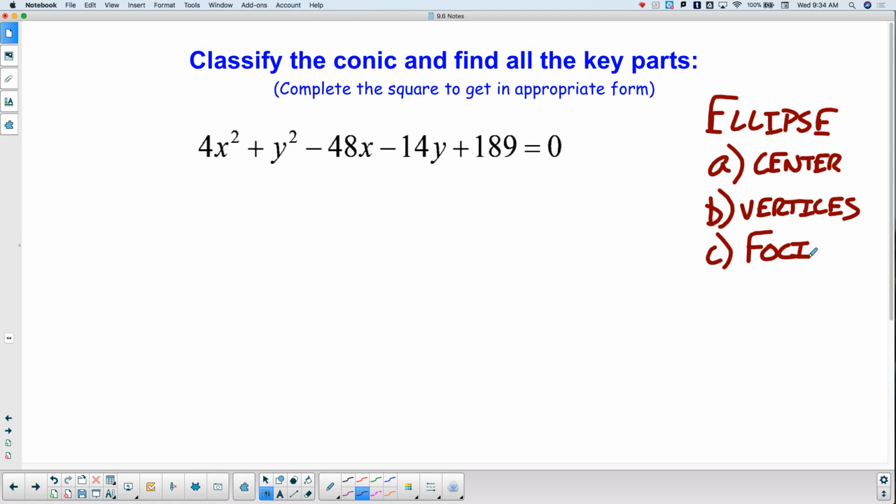Center, vertices, foci, and what? And asymptotes. Okay? So whatever we've been doing, we're going to keep doing. Okay? All right. So here we go. Step number one, because it says I got to use completing the square. Step number one tells me I've got to do what?